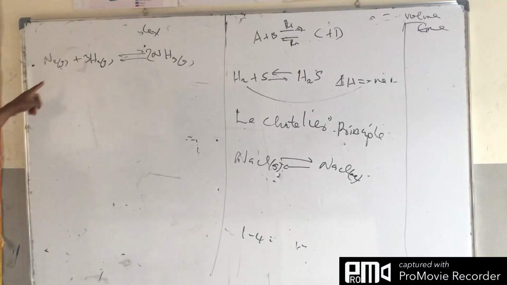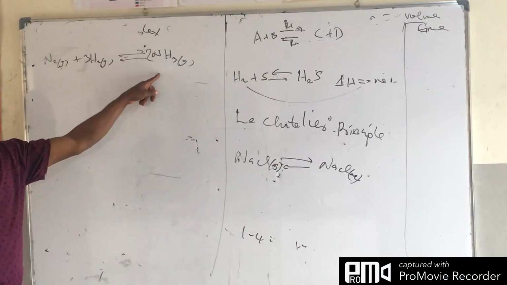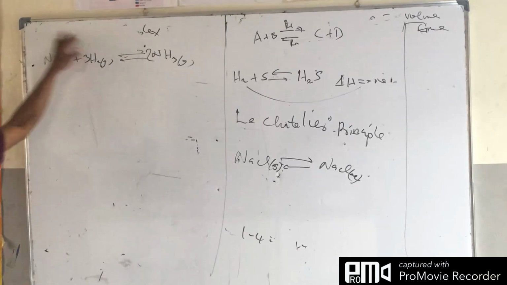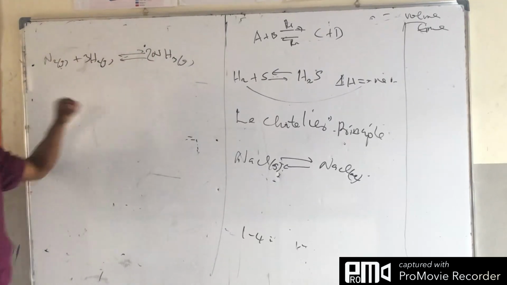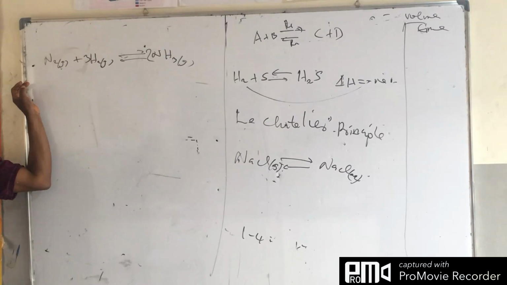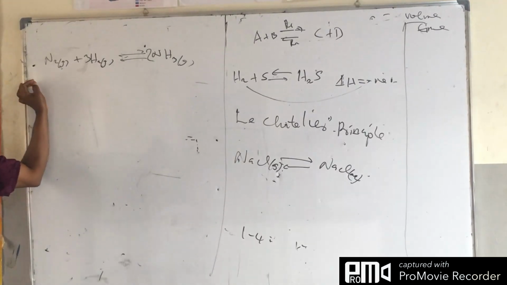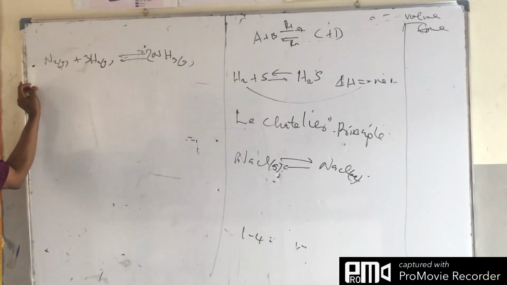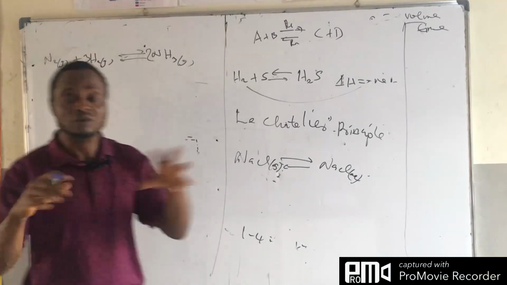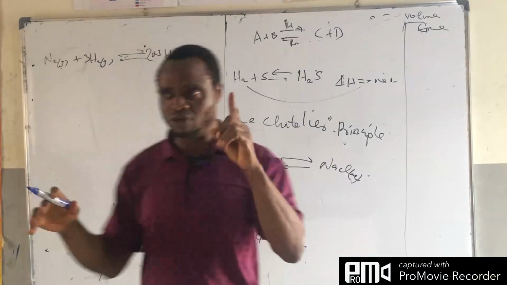There are all gases here, am I right? Number two, there must be difference in what? Volume. And when there's difference in volume, then increase in pressure favors the side with less volume or moles. Got the point? Increase in pressure favors the side with less volume or what? Moles. That's number one you must know.